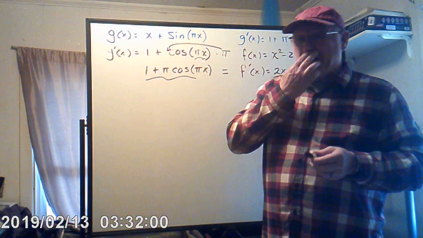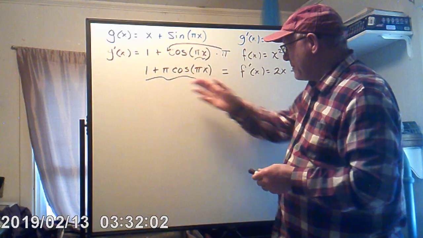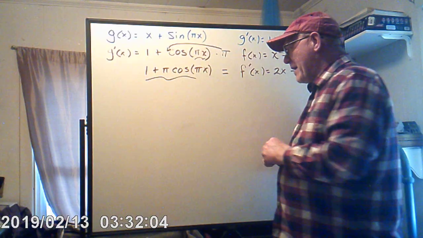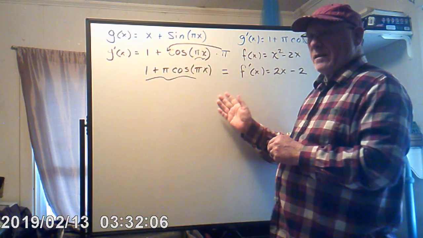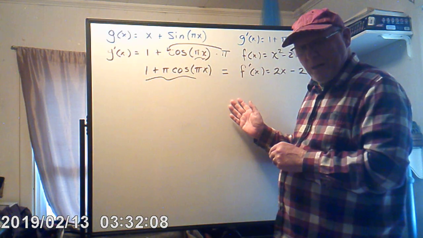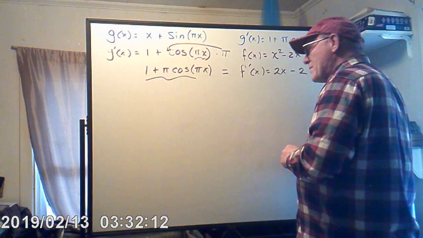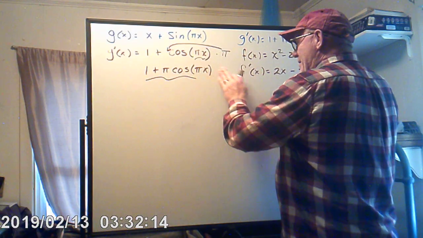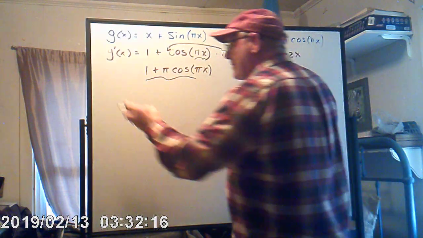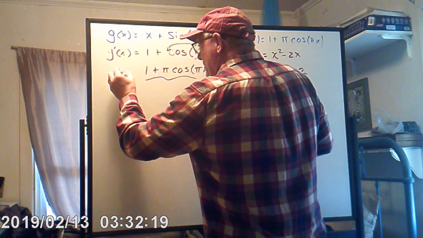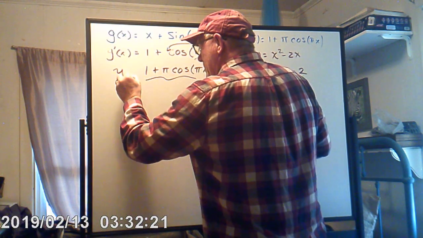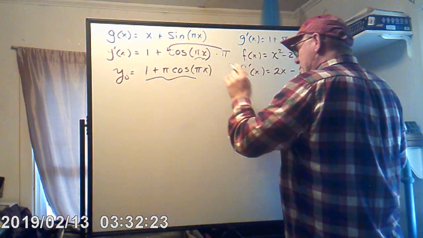We're going to graph this one and this one, and find the point of intersection. I don't know how to solve this, so I'm going to graph. We'll call this one y sub 0, and we'll call this one y sub 1.